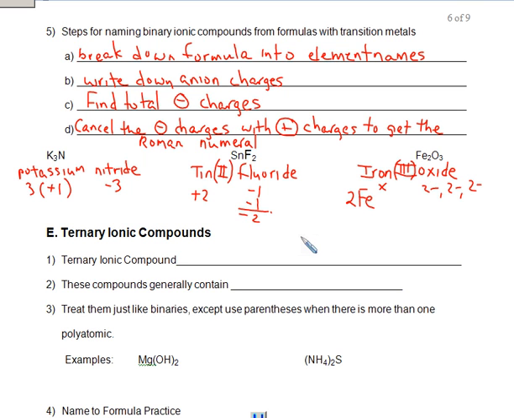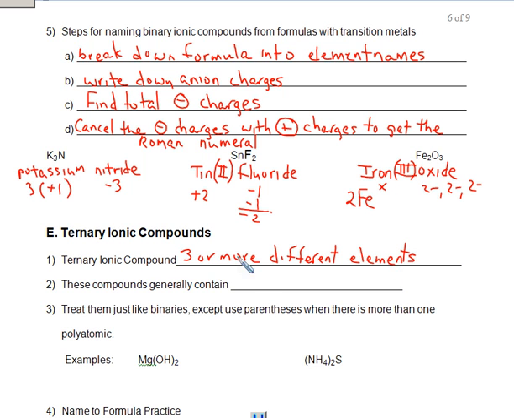Ternary ionic compounds are very, very similar to the binary ionic compounds. Ternary means you have 3 or more different elements. And what it means is that you've got a polyatomic.